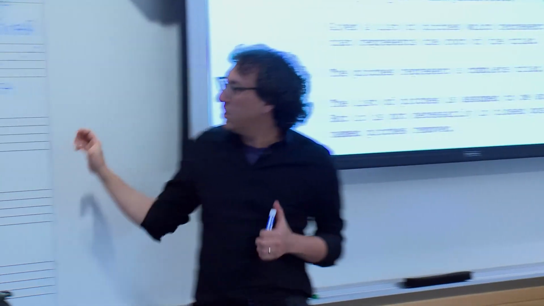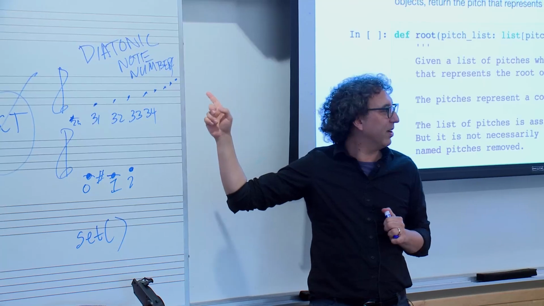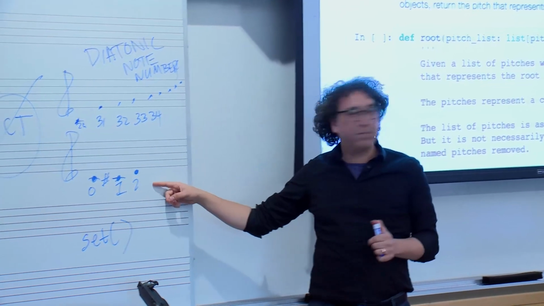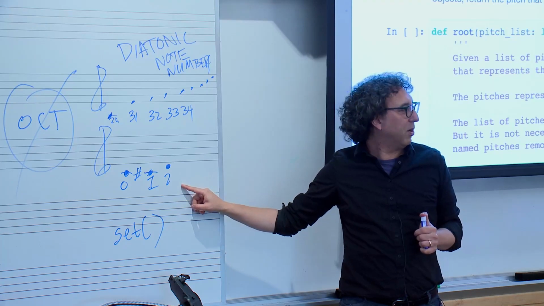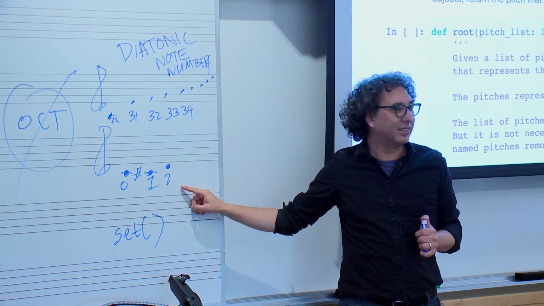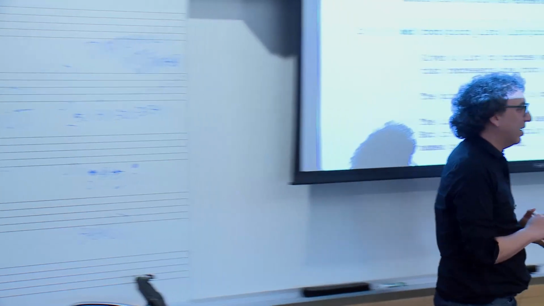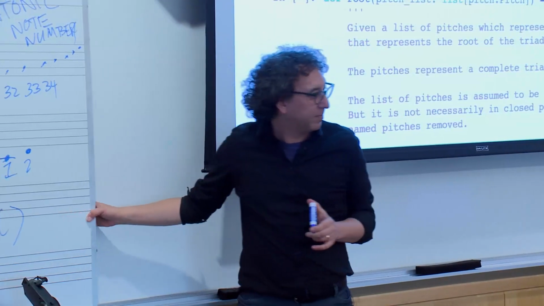Who used diatonic note numbers or something like that in their answer? That's 1, 2, yep, 3, 4. Who used something like pitch classes? Good. Who used both? Anybody? My implementation ends up using both of them. So I'm going to say both of these can be a right way to work.